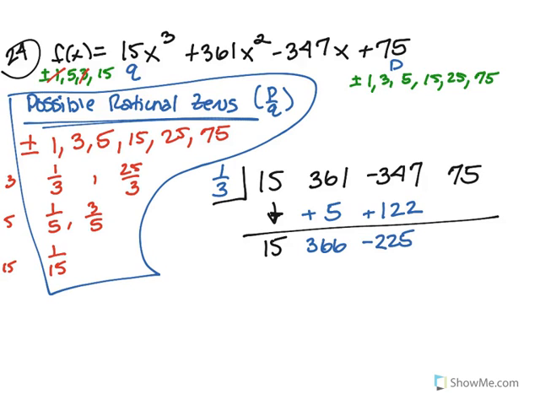And then 225 divided by 3 would give me a negative 75, which is 0. So that would put us at 15x squared plus 366 minus 225 equals 0.